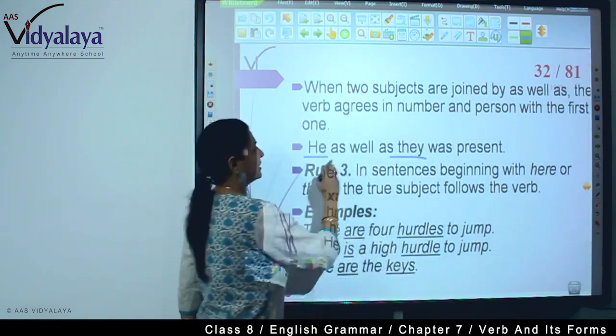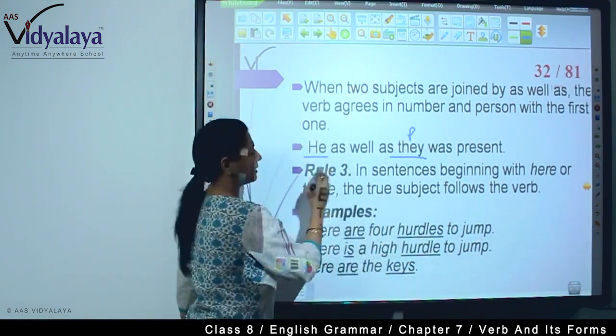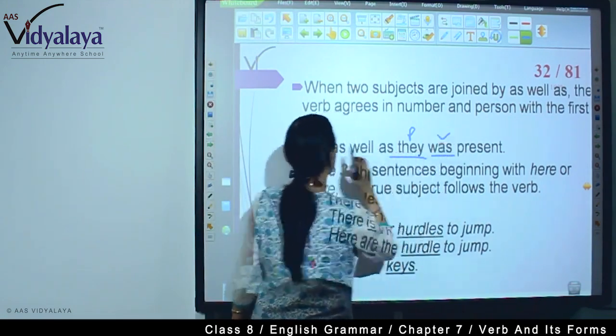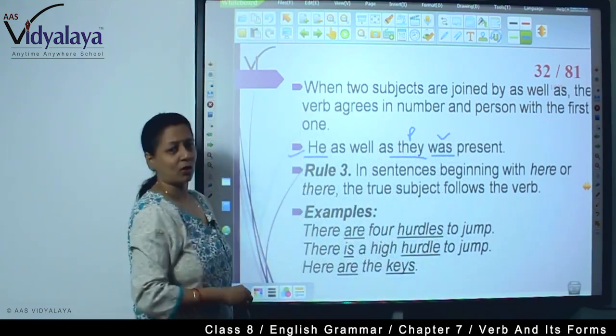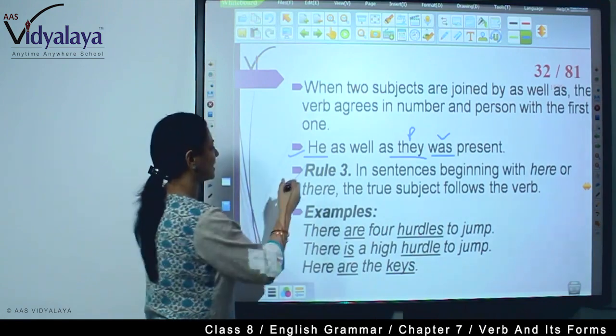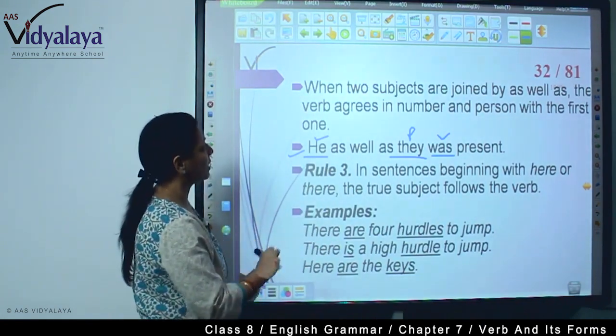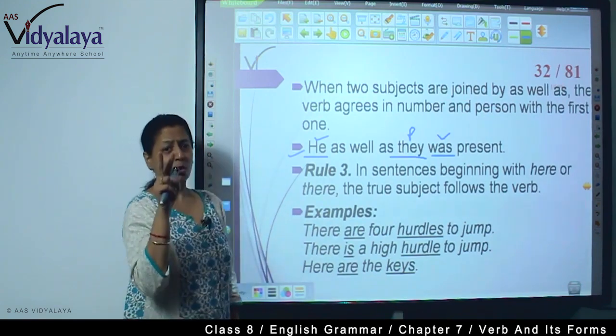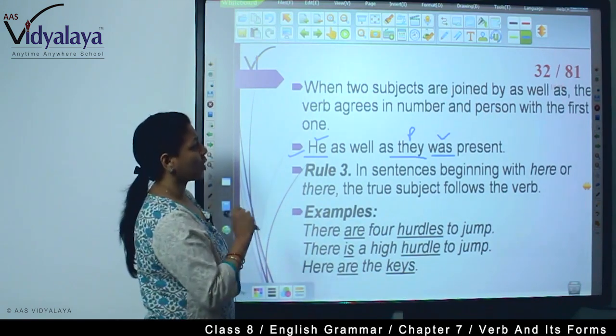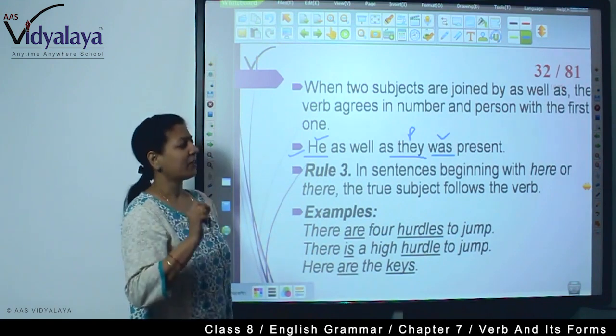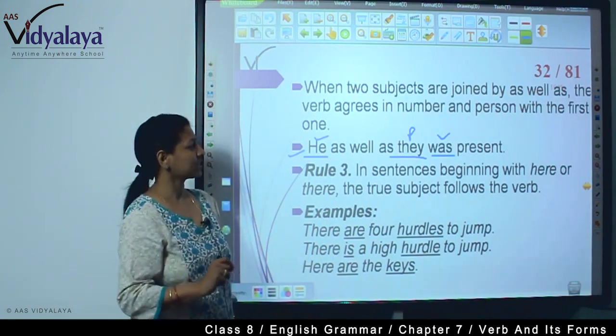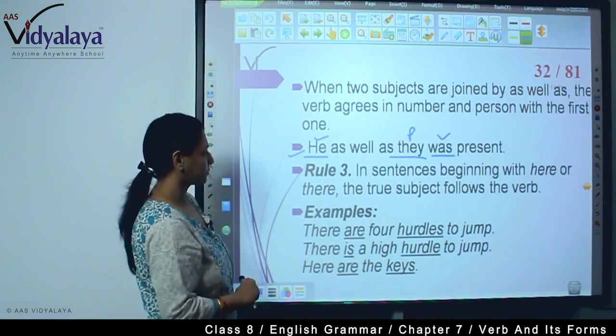See here, "they" is plural, but the verb is singular because it is according to the first person, that is "he," and he is singular. So always remember, when two nouns or pronouns are joined by "as well as," the verb agrees in number and person with the first one.